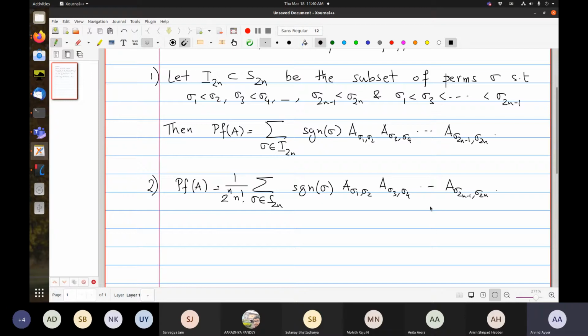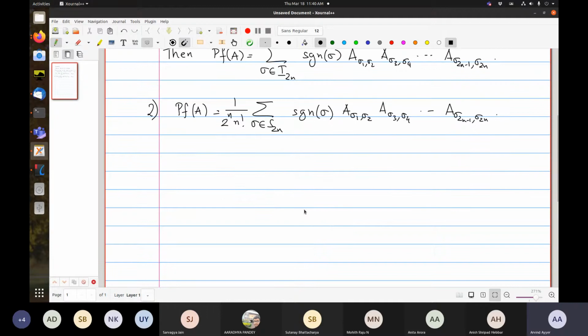Okay, so it's worth thinking about why these two things agree. It's not terribly difficult, but it involves some checking. Okay, so it's just for your information. You will see all these three formulas in the literature, and so it's useful to know this.